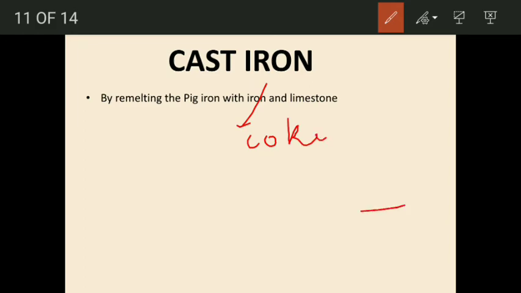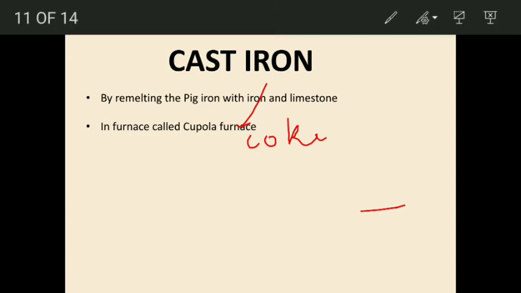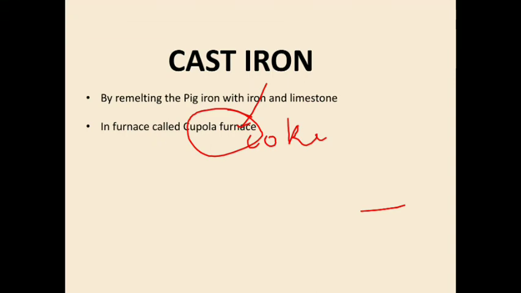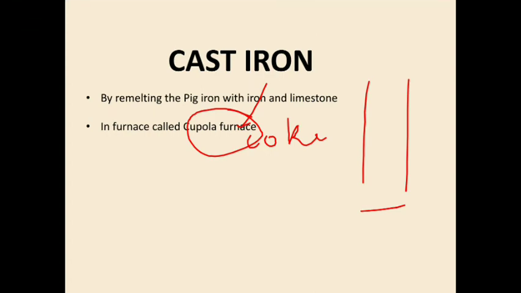This is carried out in the cupola furnace, which is very important. The cast iron is manufactured in a cupola furnace. A cupola furnace is almost the same as the blast furnace, but the working is different. It is again a cylindrical furnace having a height of about 5 meters and diameter 1 meter.